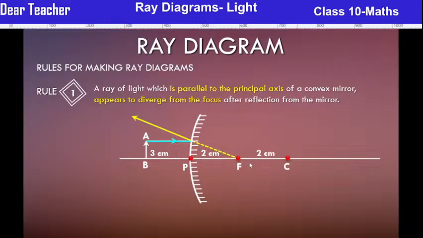This side is behind the mirror, but this ray appears to be diverging from F. Whenever you draw a parallel line, you should mark the point of incidence and the focus and draw a line like this. So this is the first rule.